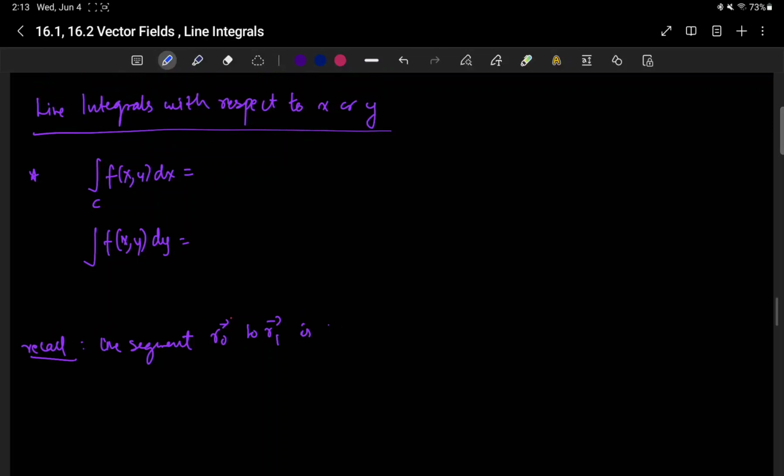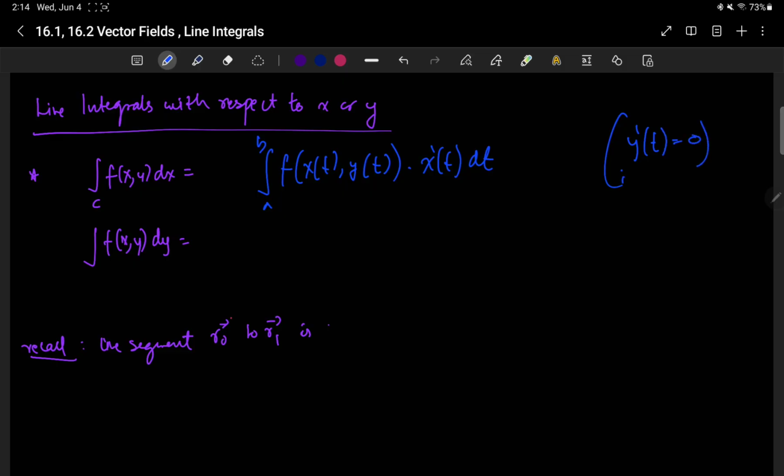Hi everyone, in this video we will learn about line integrals which are taken not with respect to the curve itself but with respect to x or y. The line integral taken with respect to x becomes the integral from a to b. We still parameterize it with x and y, but now instead of the square root, you can think of this to be 0.